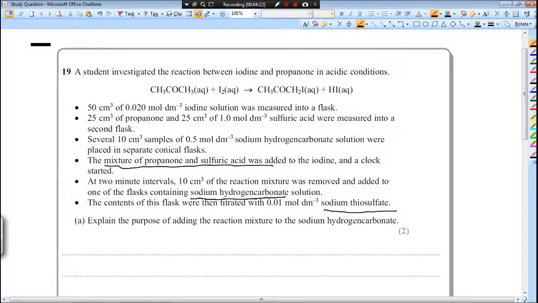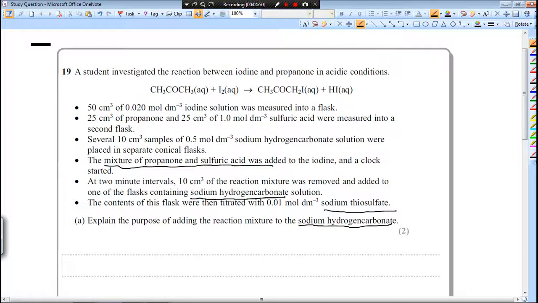The first question is, explain the purpose of adding this reaction mixture to the sodium hydrogen carbonate solution. So why should we add sodium hydrogen carbonate to the reaction mixture? Which reaction mixture? It is the mixture of propanone, sulfuric acid and iodine.